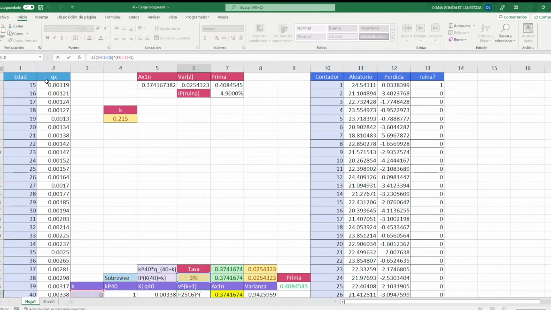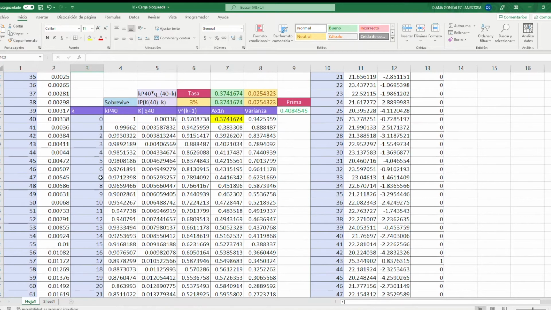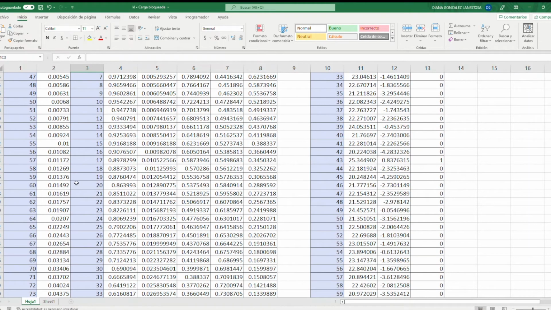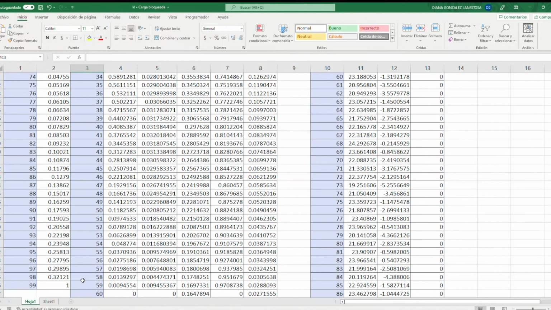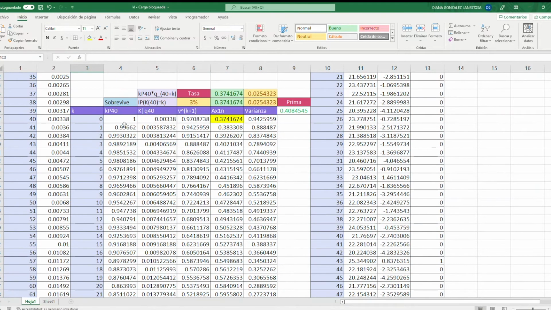We have an age column X and column B, which has the probability that a person of age X will die in the next year. In this case, the problem asks us to focus on age 40. In column C, we write the number of years that pass from a person of age 40 to the age of 99. This is the probability that a person of age k plus 40 will live that year.